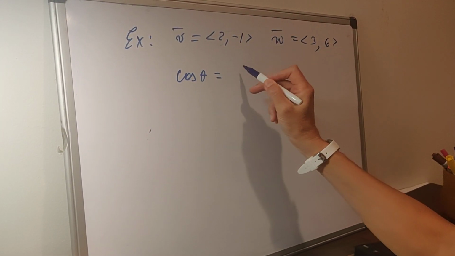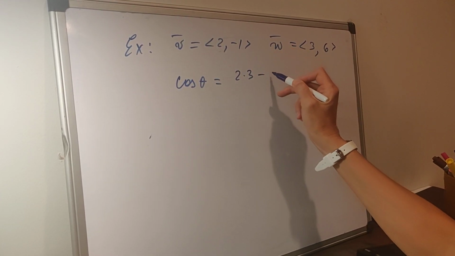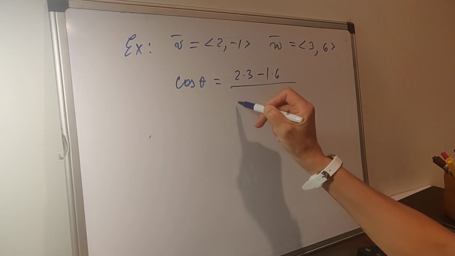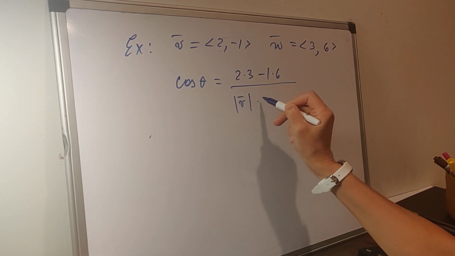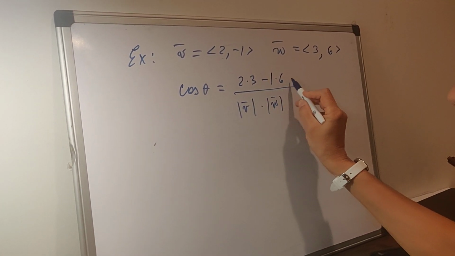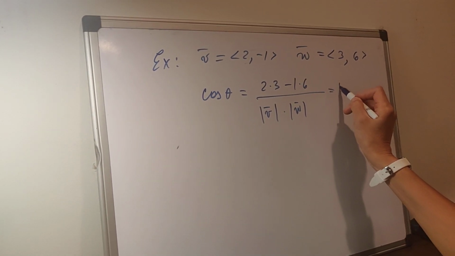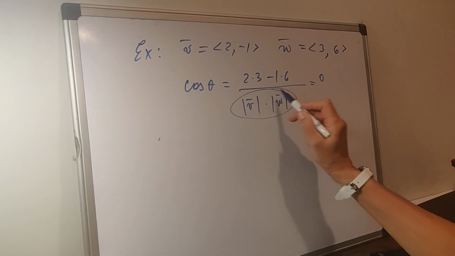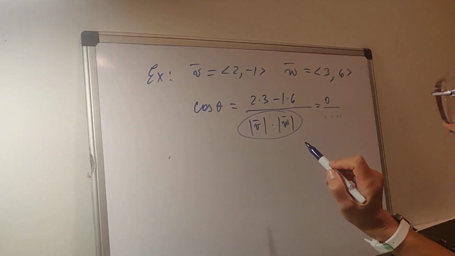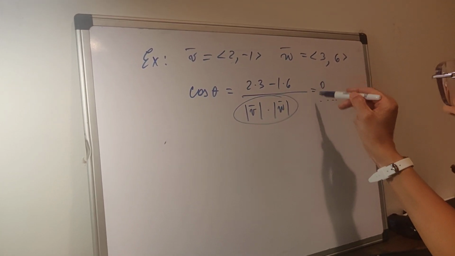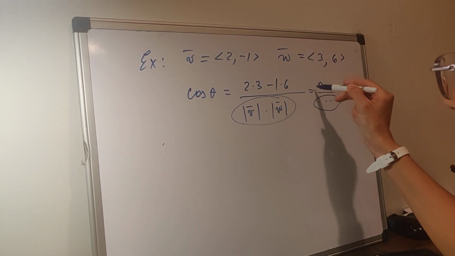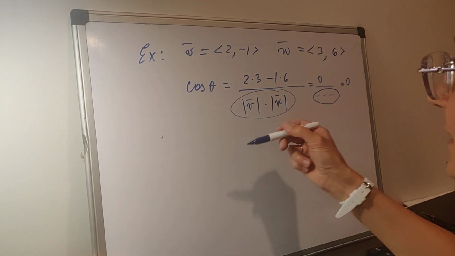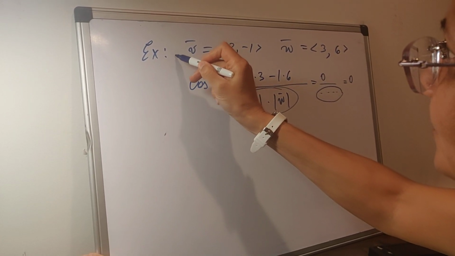So it's 2 multiplied by 3 minus 1 multiplied by 6. It's supposed to be divided by the length of vector v and the length of vector w, but I already see that it's 6 minus 6, which is going to give me 0, no matter what I have in the denominator. So the cosine is going to be equal to 0, which means that these two vectors are perpendicular.